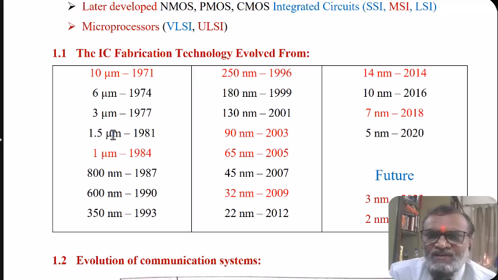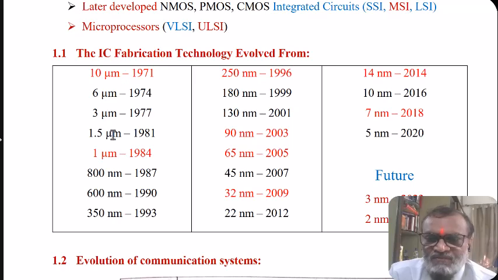Whereas in 2014, our technology evolved and made it possible to fabricate devices around 14 nanometer. In 2018, we reached 7 nanometer small device fabrication.